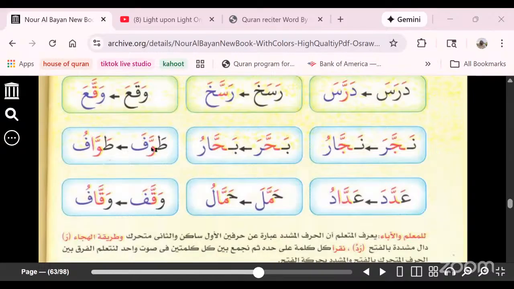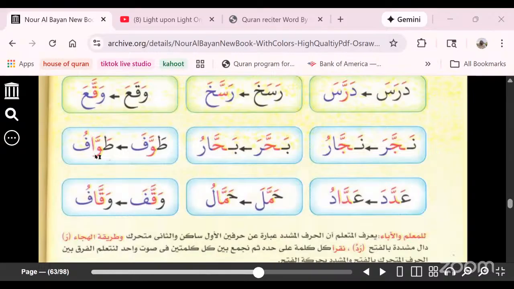So the first one has a shadda. Tawafa. Good job. This one has shadda and alif mad.